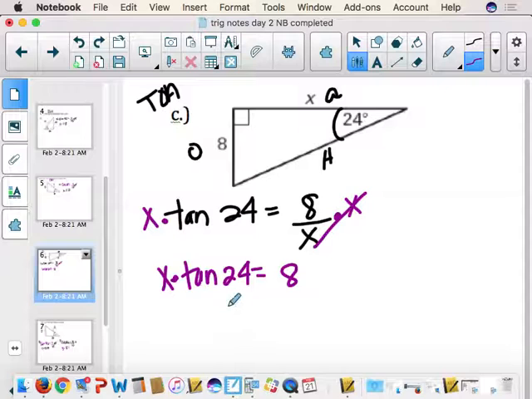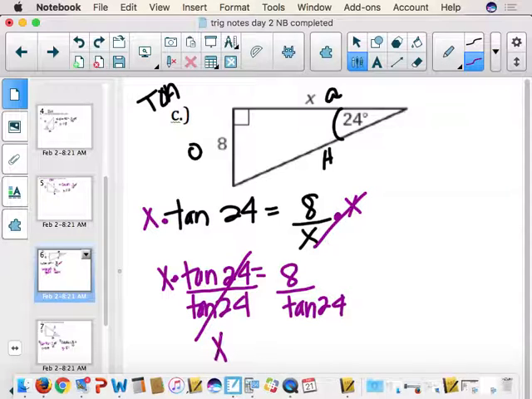And in that second step, X is attached to tangent by multiplication, so I want X by itself, so now I'm going to move the tangent to the other side by division. So now I'm going to divide by tangent on both sides, okay? It cancels, and I'm left with 8 divided by tangent of 24. So that's what you're going to type into your calculator, 8 divided by tangent of 24.